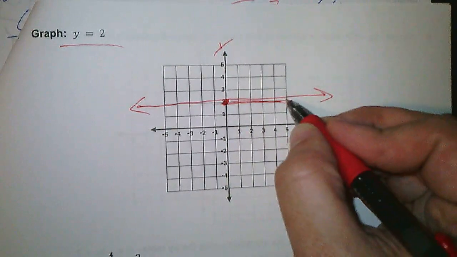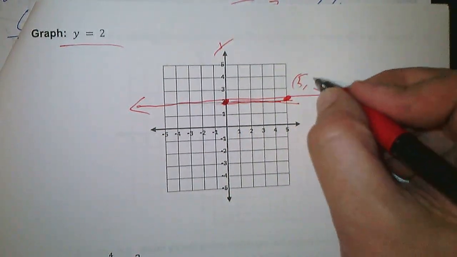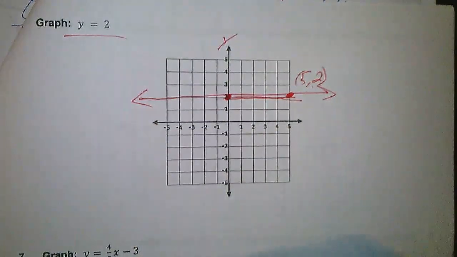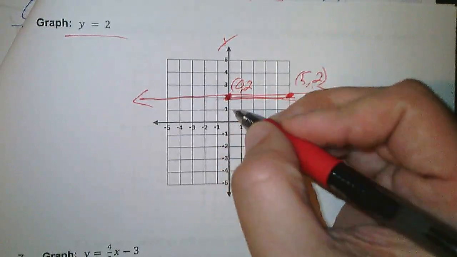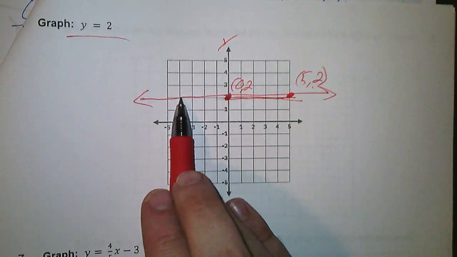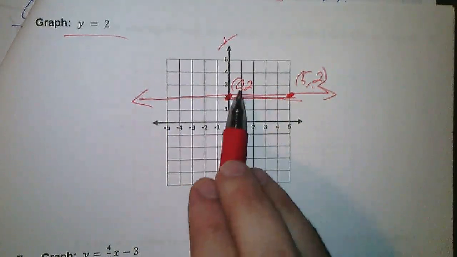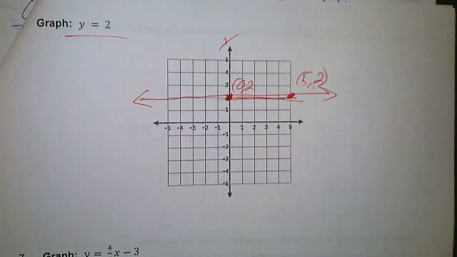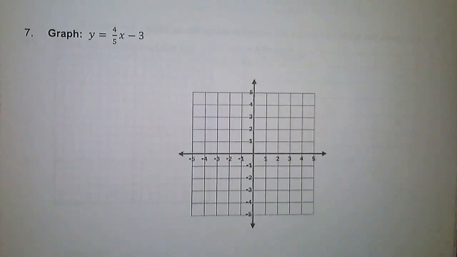And again, every point on this line has a y value of 2. Here we're at 0, 2. Here we're at negative 3, 2, negative 4, 2 as we move along the x-axis. But every point has a y value of 2. So a y equals equation goes horizontal, and an x equals equation goes vertical.